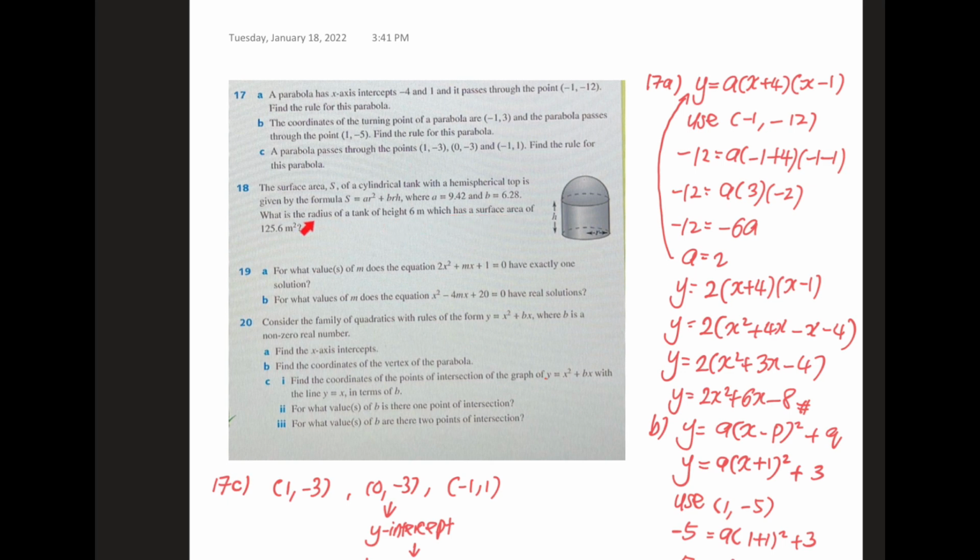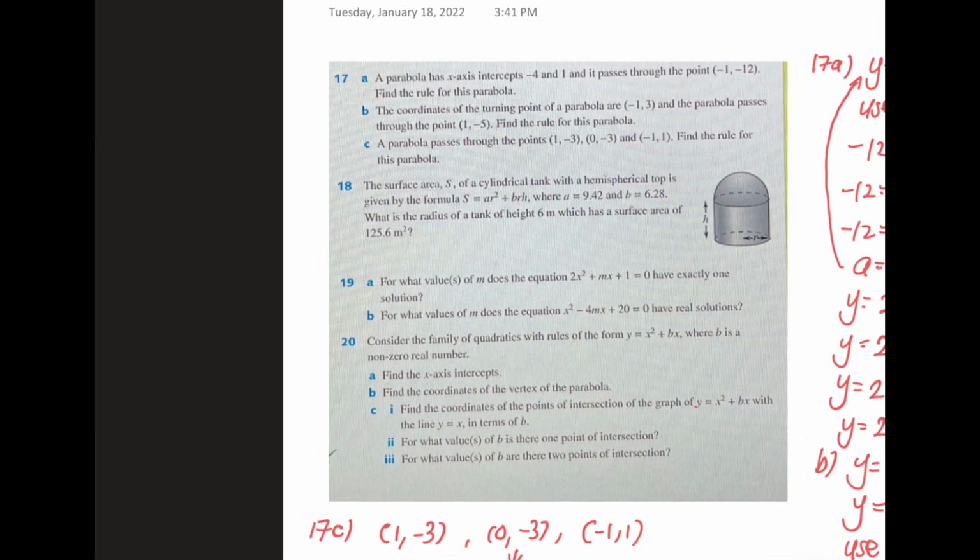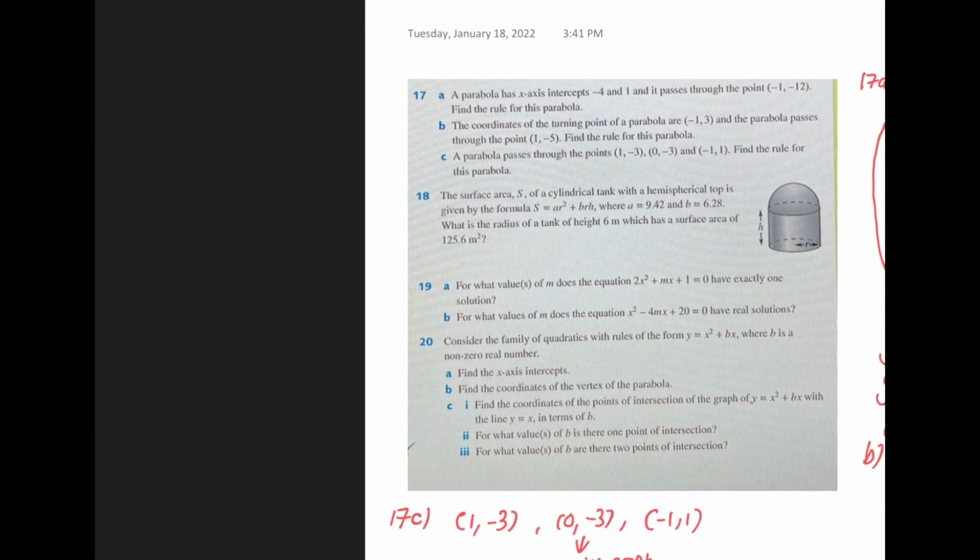What is the radius of a tank of height 6 meter, which has a surface area of this? Okay, so which means we have to use these equations. They give us height 6, surface area 125.6. Then we need to find the R.